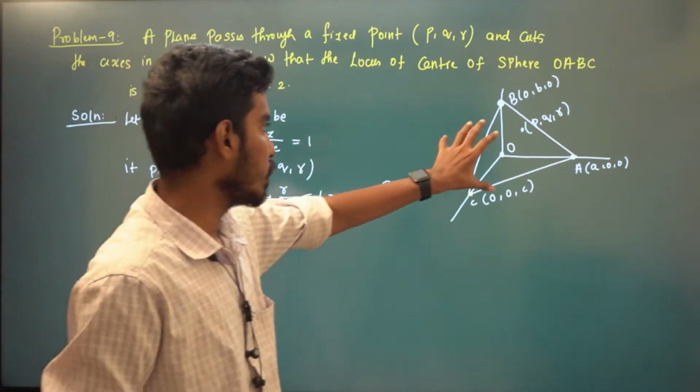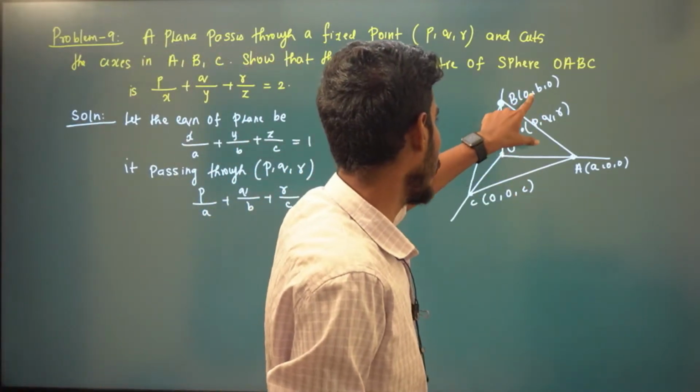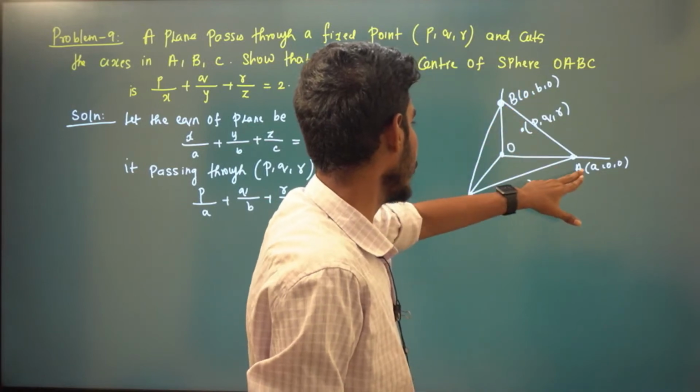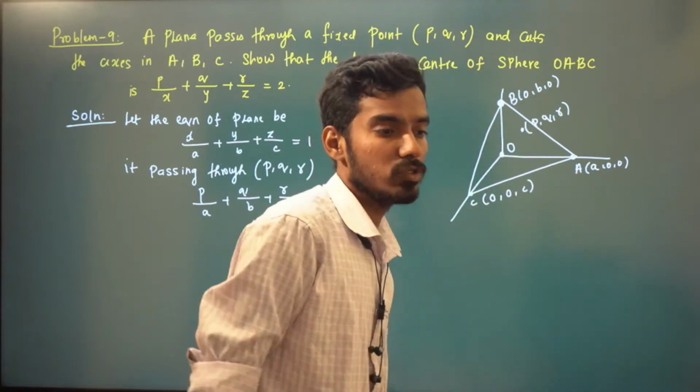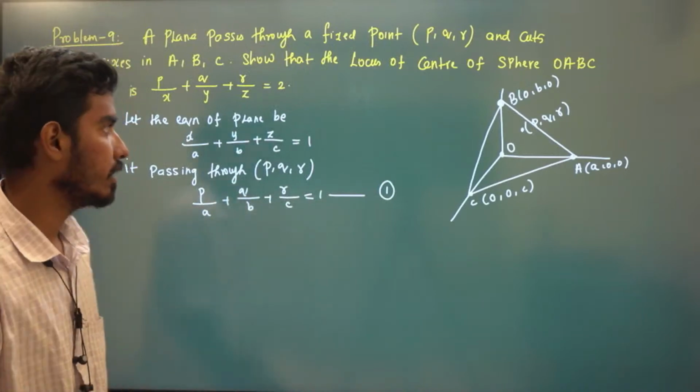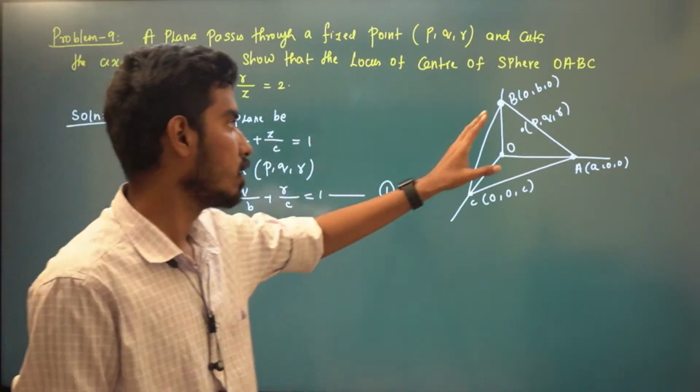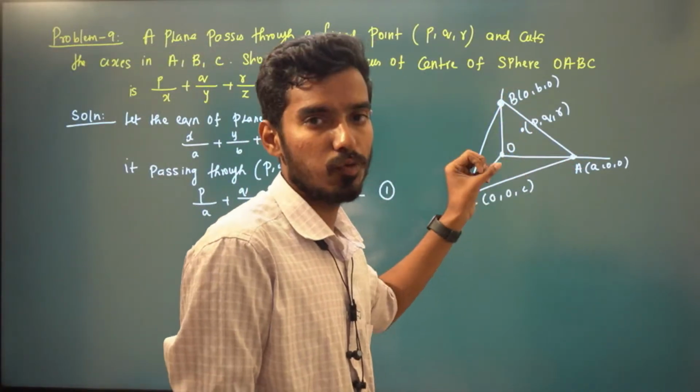Now, what is the equation of sphere passing through origin and A comma 0 comma 0, 0 comma B comma 0, 0 comma 0 comma C? Very important, right? We have already solved this problem. What is the equation of sphere passing through 4 points?